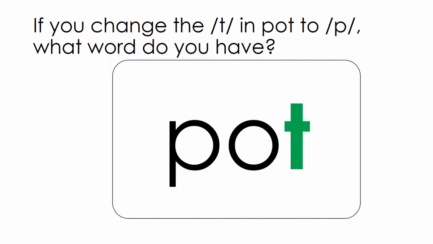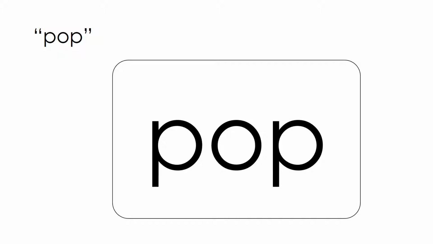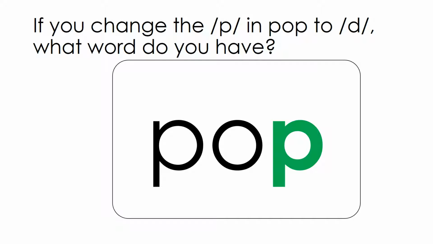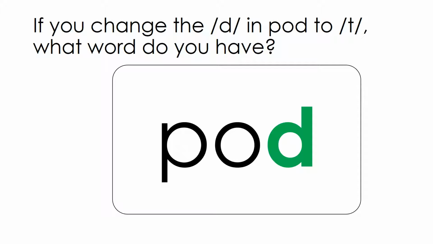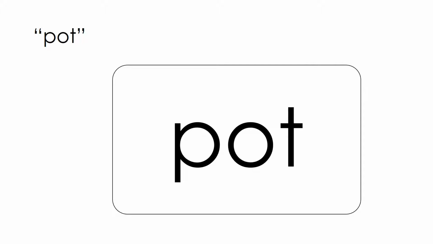If you change the T in pot to P, what word do you have? Pop. If you change the P in pop to D, what word do you have? Pod. If you change the D in pod to T, what word do you have? Pot.